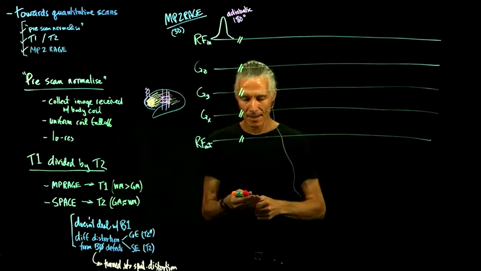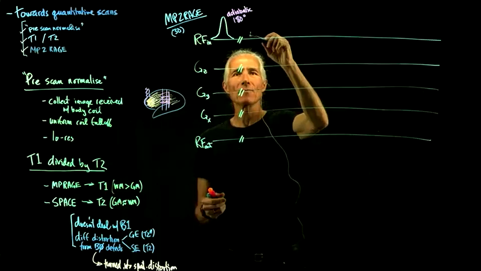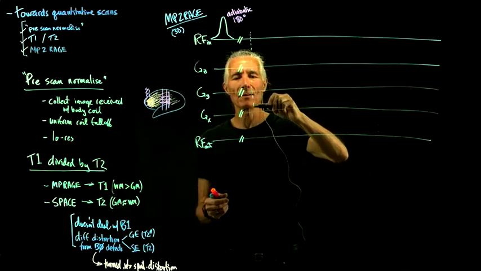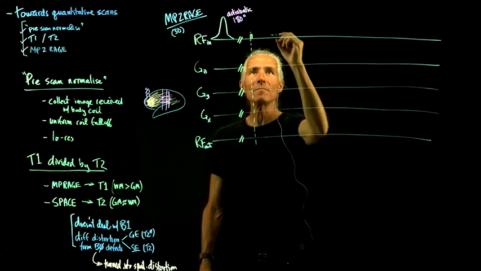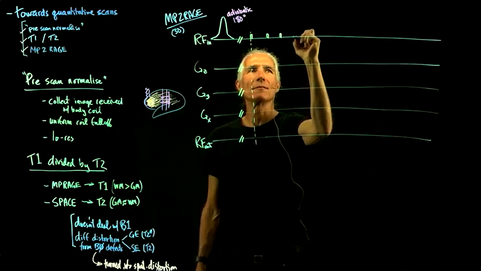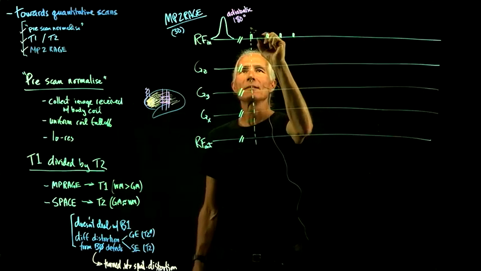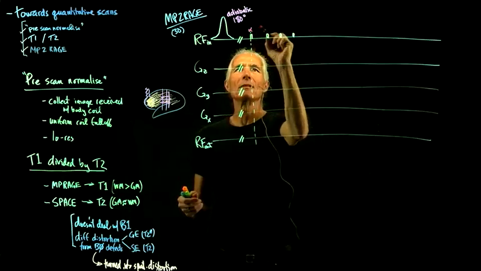And then we start doing our FLASH type readout. For that, we do a whole series of alpha pulses, hundreds of them. These are all low flip angle, 7 degrees or whatever.